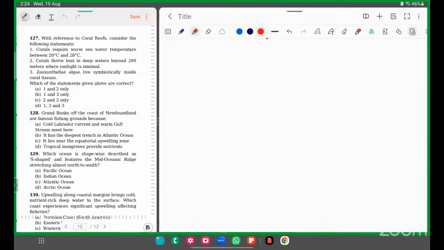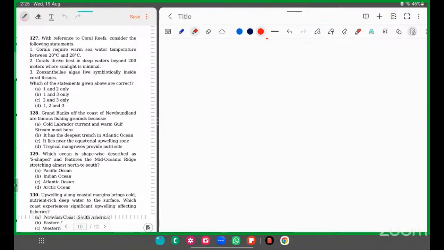With reference to coral reef, consider the following statements. You have to find the features of coral reef from these statements. The first statement given is coral requires warm seawater temperature between 20 and 28 degrees Celsius. It needs a little bit of warm water, so coral develops only in warm water. So the first statement is correct.